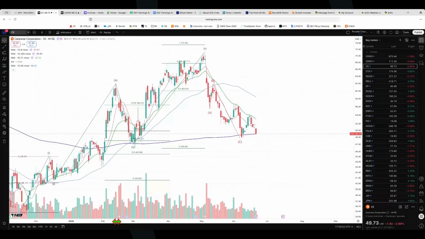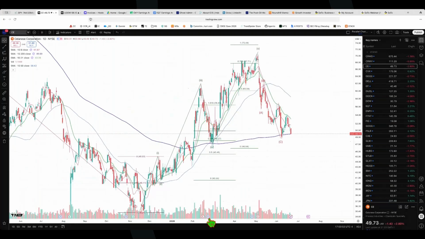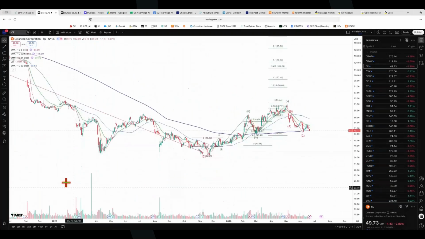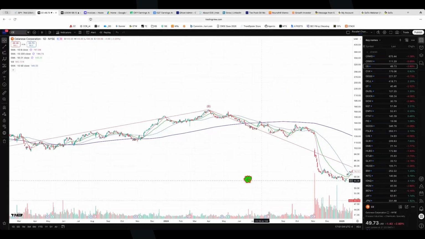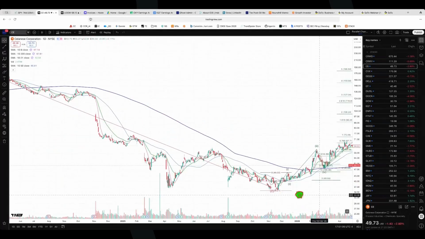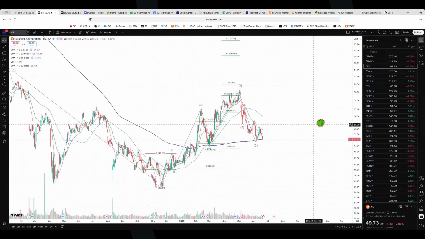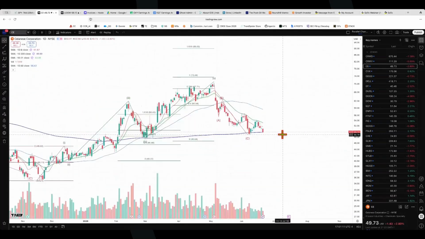Or if you look further back in time, back here in 2023, it hit the 200 at 115 and ran all the way up to 172. Then you can make the volatility of the stock work for you with a really tight downside stop, just a few percentage points, but potentially significant upside.